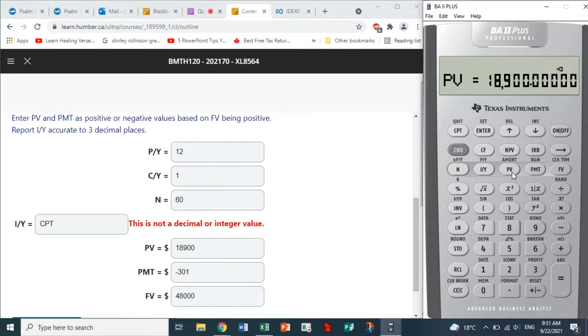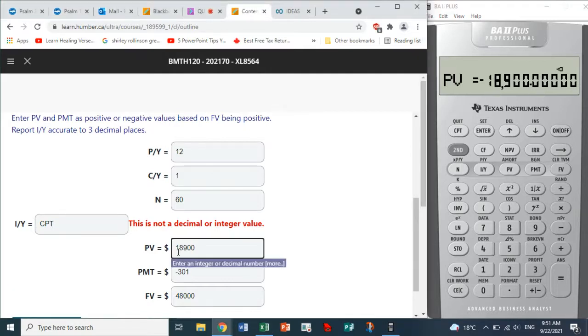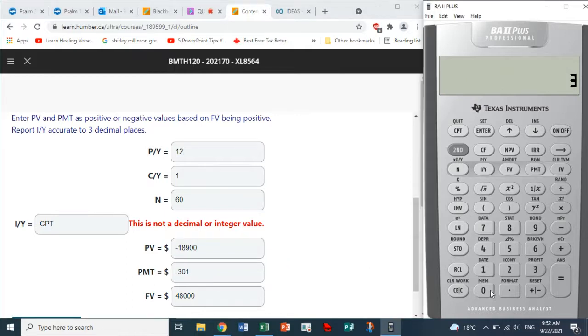And 301, let's put it negative. The payment is 301, and that would be negative. And the future value, 48,000, is positive.